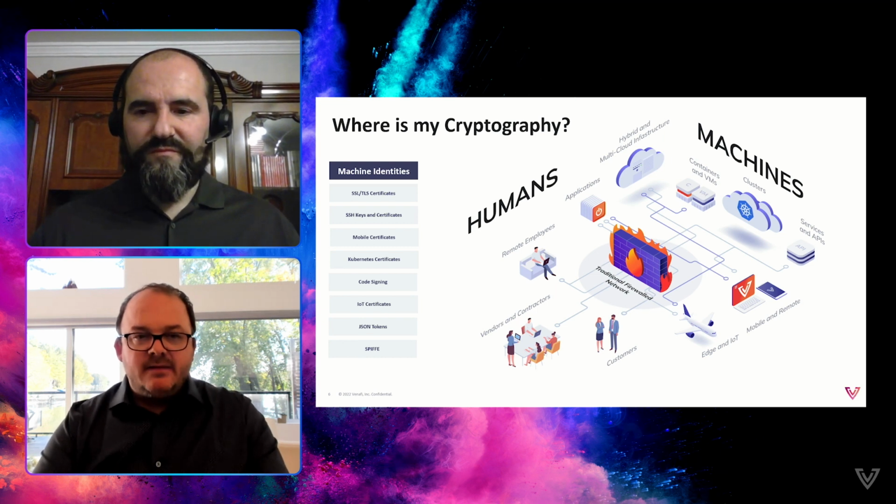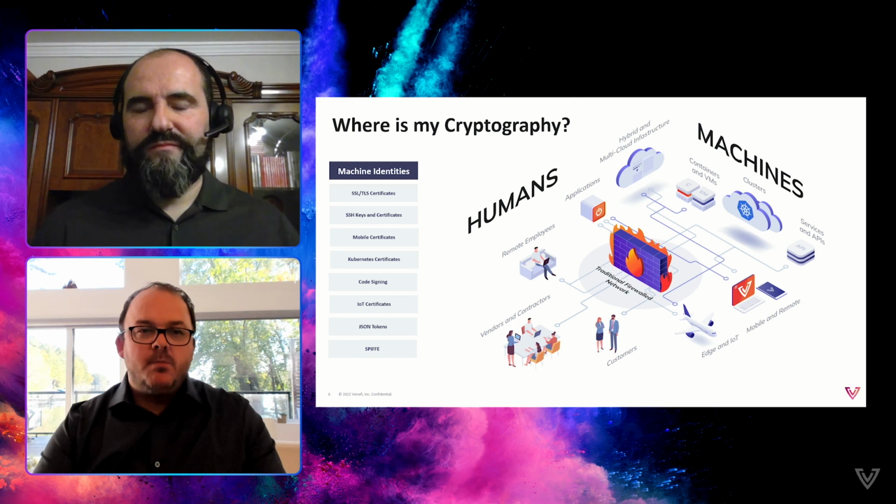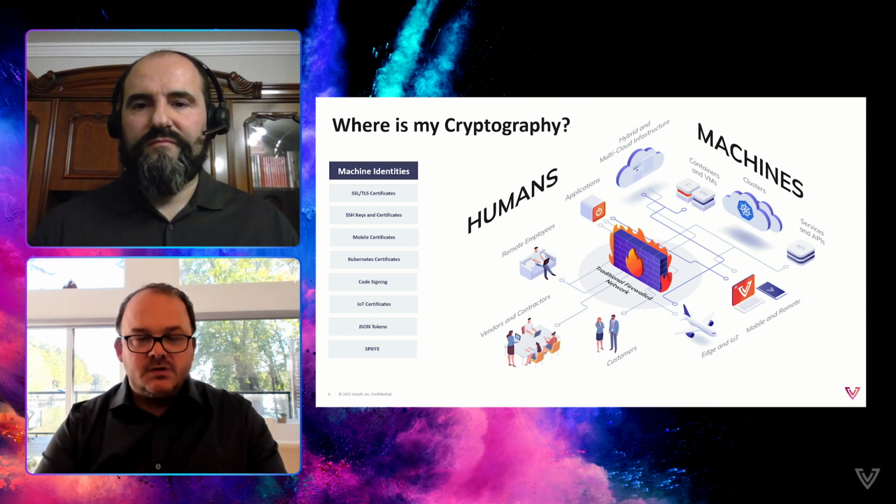Understanding where that cryptography is and how it's used, to understand the scope of the problem and the scope of the challenges we have ahead of us, is very, very critically important, and something we're going to discuss today.